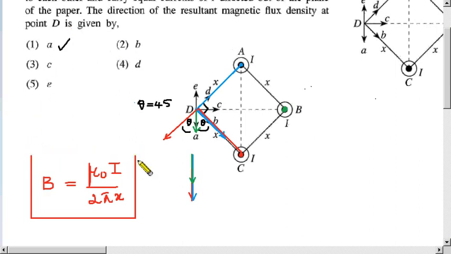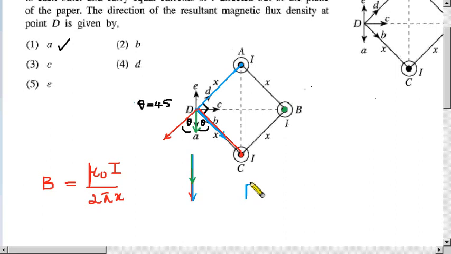So let us now write the equation for the blue color magnetic flux density. It is the same, because the distance is the same. The distance for blue I have already marked, this one, x.